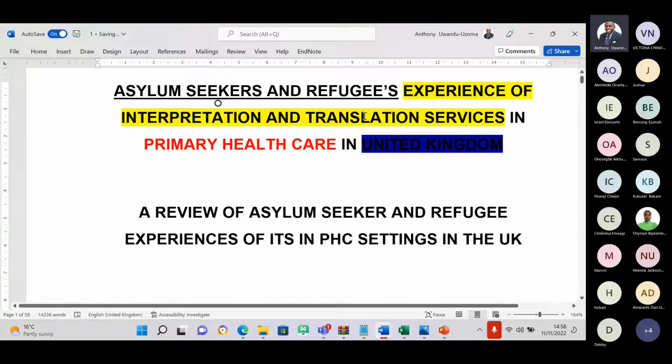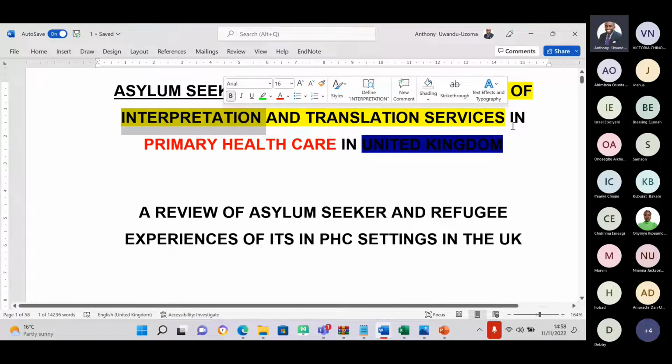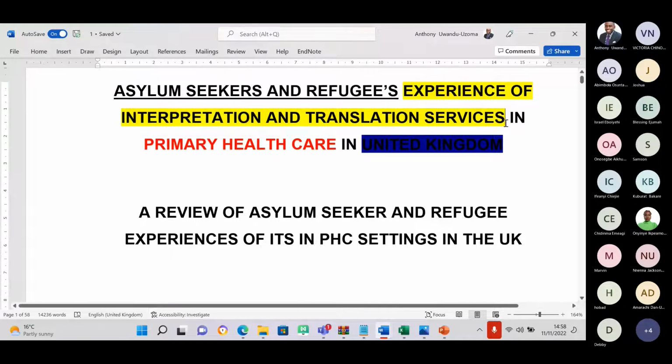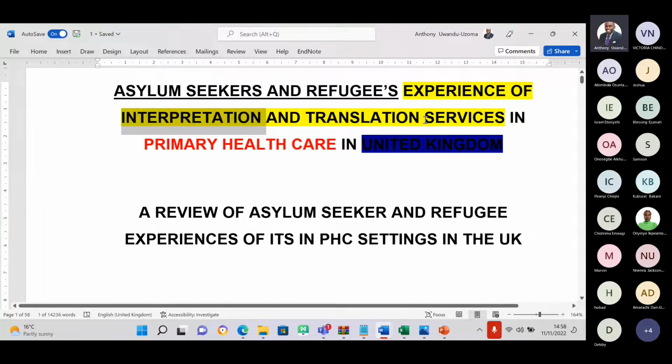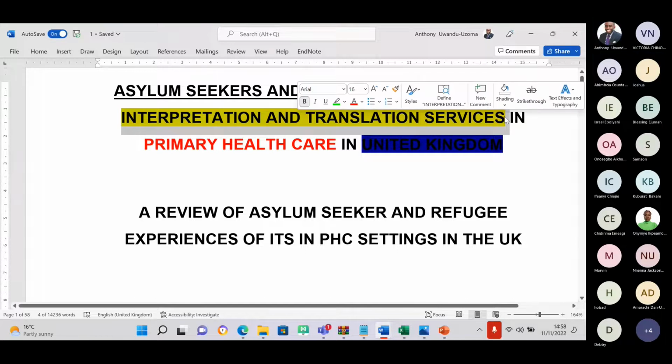This research can be done either as a review or as a primary study. If you have noticed that fewer studies have been done on interpretation and tertiary services in primary healthcare, remember there are many services in primary healthcare, so you just select one of the services because no research has been done here.